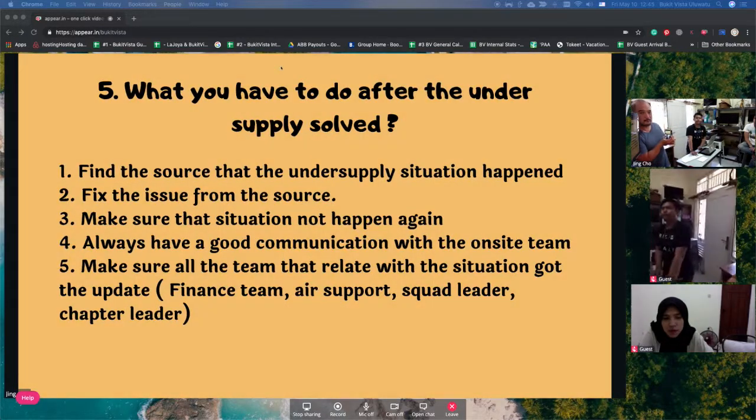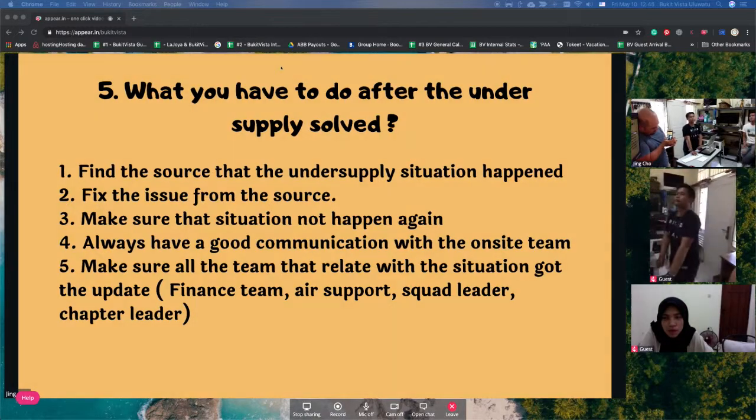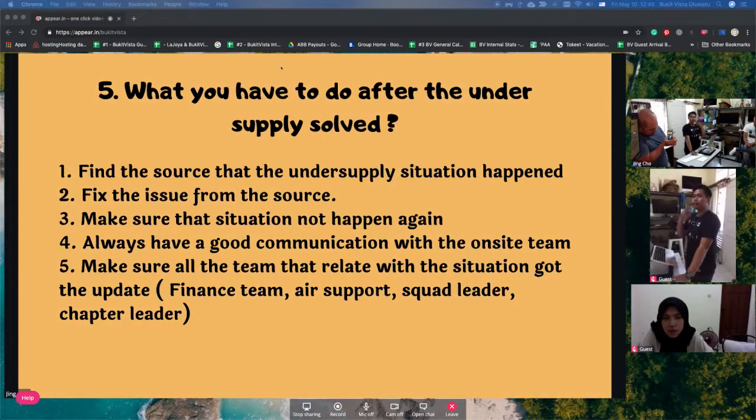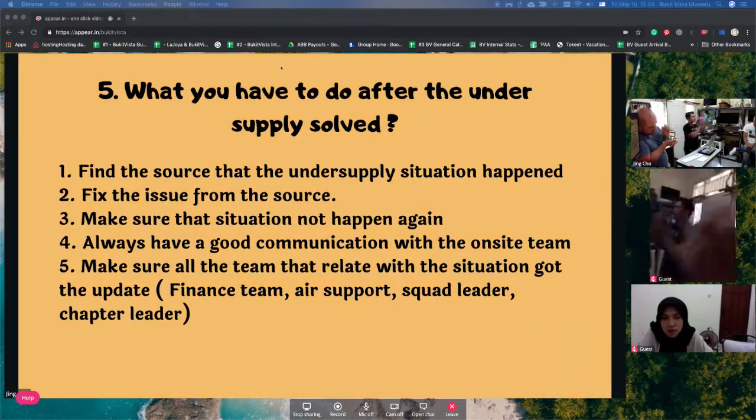Okay, the fifth is what you have to do after the undersupply is solved. The first one is find the source of how the undersupply situation happened. After that, you can fix it from the source so it will not happen in the future.